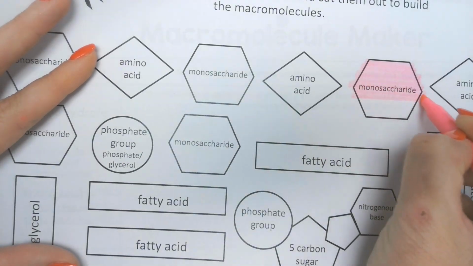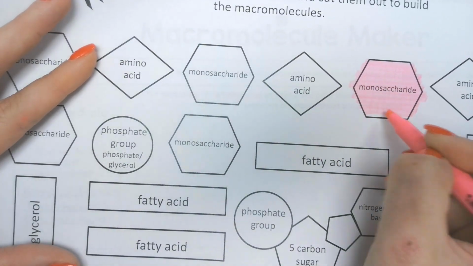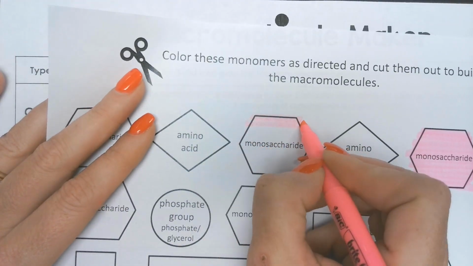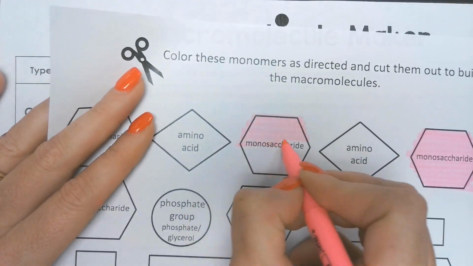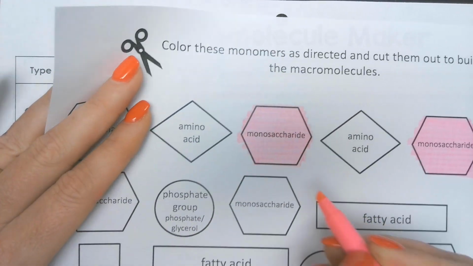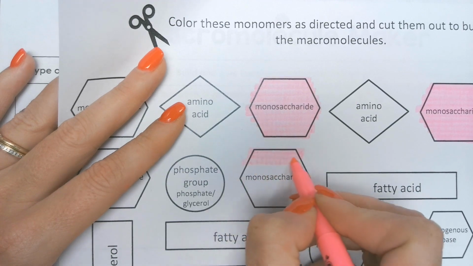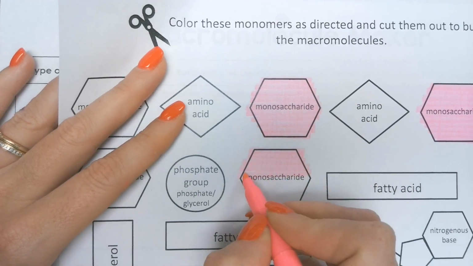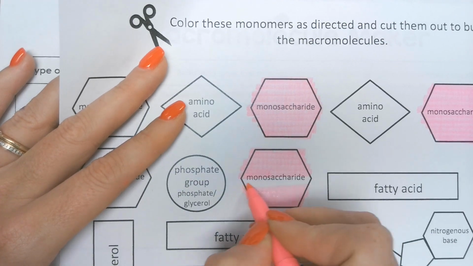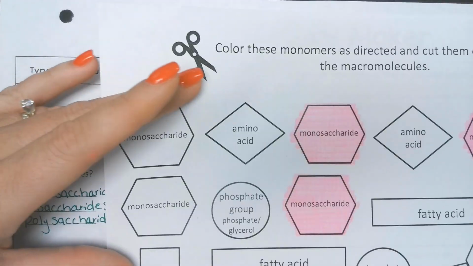So we're going to color all the monosaccharides on this page, which I believe is 5, red, or in my case, pink. And this doesn't have to be perfect. Of course, if you want to pause the video at any point in time or fast forward through, you're welcome to do that.